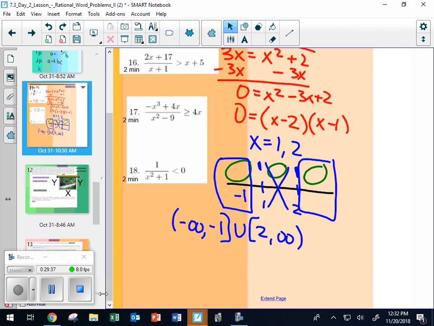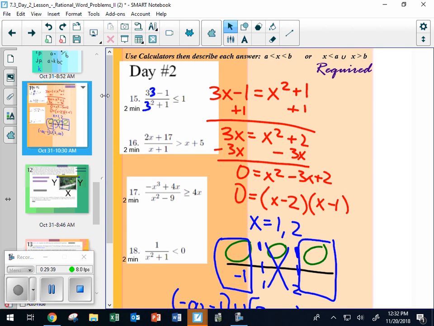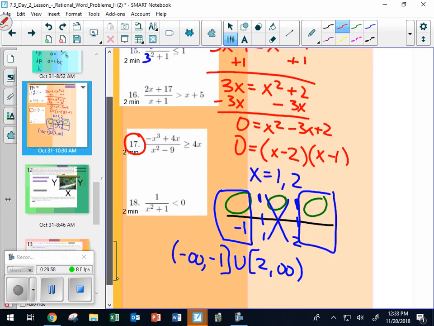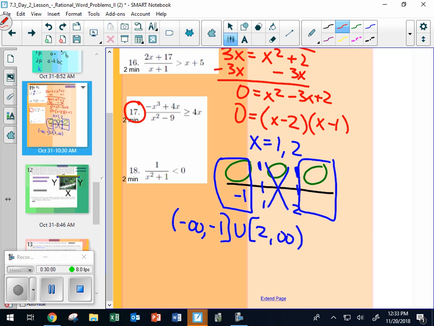Okay. I did one problem like this, and it was on your homework. So I would like you to do another problem. I would like you to do number 17 for homework. Yes, Greta. What would be a solution?